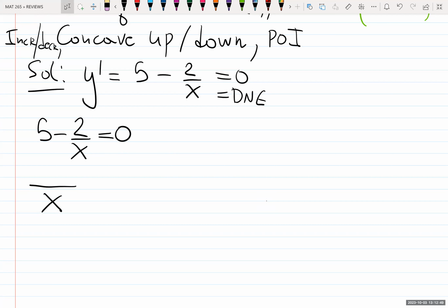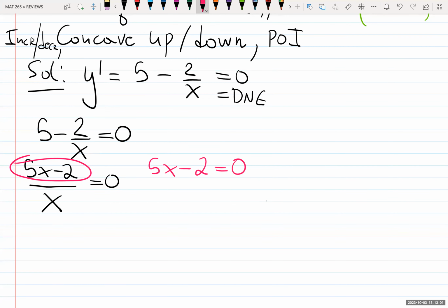You will lose the DNE points, and sometimes they're important. So it will be 5x minus 2 equals 0. Now, the top gives you good points, and the bottom gives you bad points. That's called singular points. Remember singular points because singularity means bad.